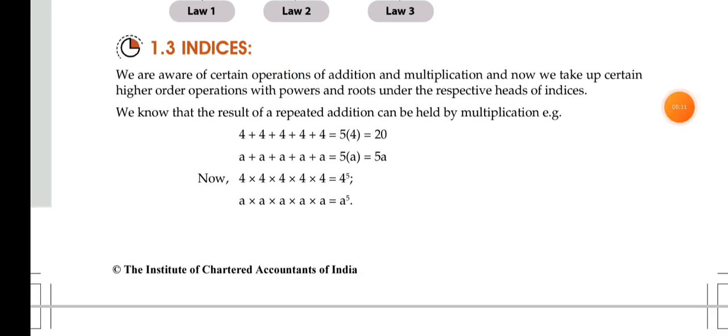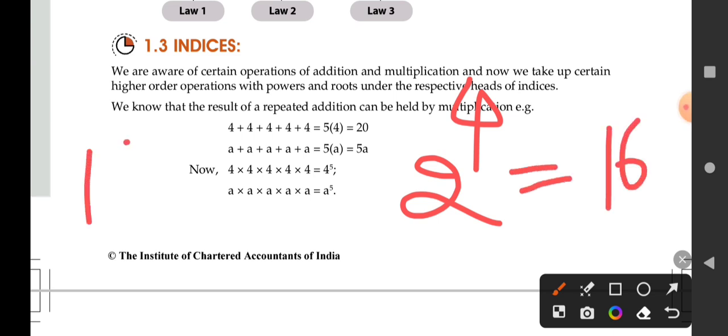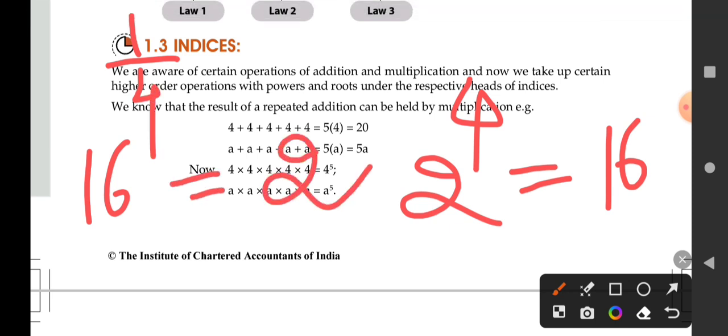If I have 2 power 4, which is 16, then 16 power 1 fourth is equal to 2. So that is the fourth root of 16. We are going to study further.